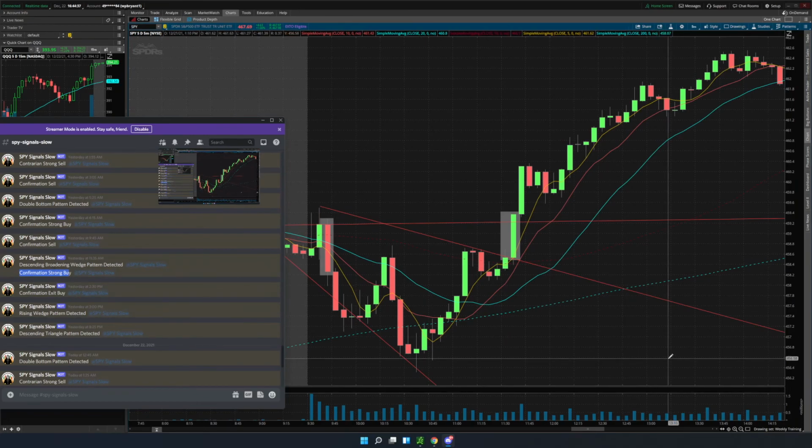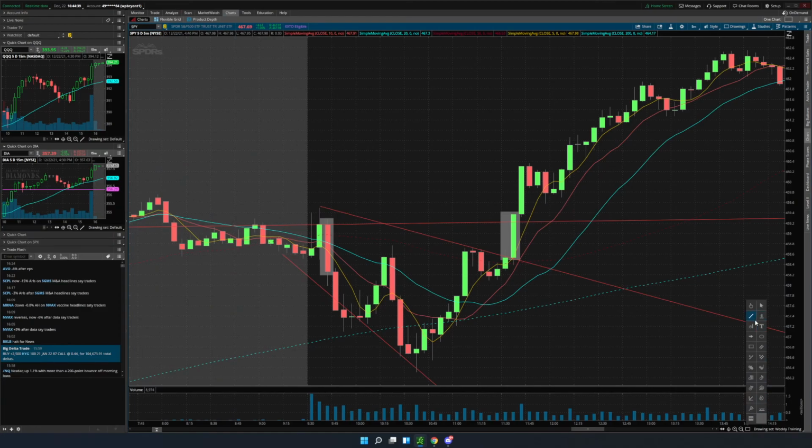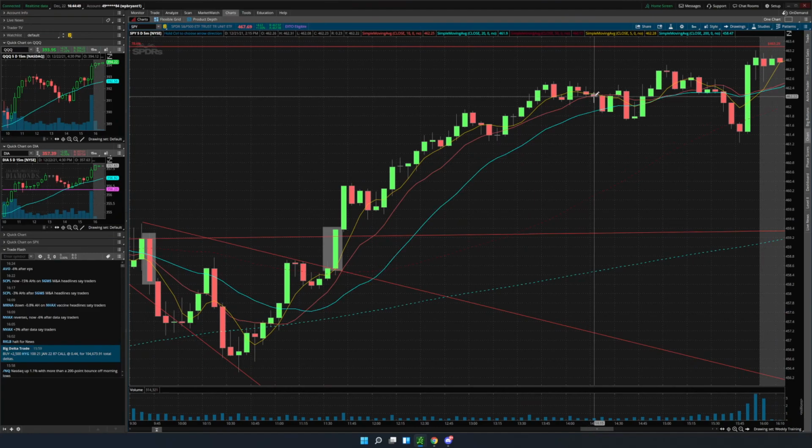And then you got the confirmation exit at 2:30. So the slow is good because it would have held you in this trade until 2:30, which is right there. So that's a good little move right there, just based on that one buy all the way up to there.